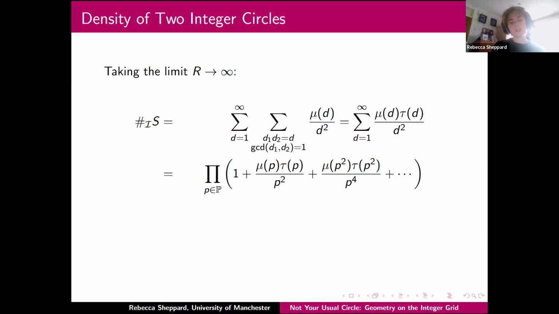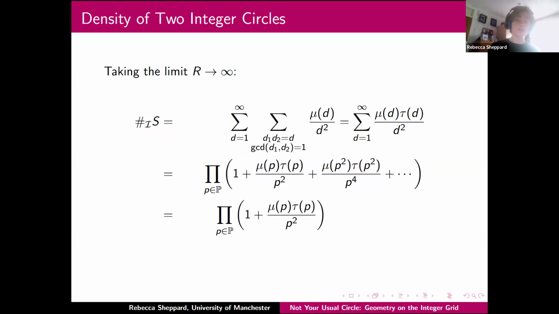So let's say we express it as a product and rearrange it based on the prime factorization of it. So you have the product for p belonging to prime numbers of 1 plus mu of p tau of p over p squared plus mu of p squared tau of p squared over p to the 4 plus and so on.